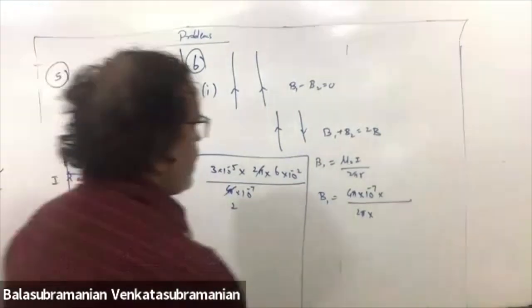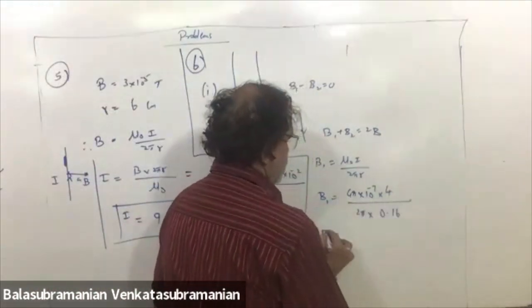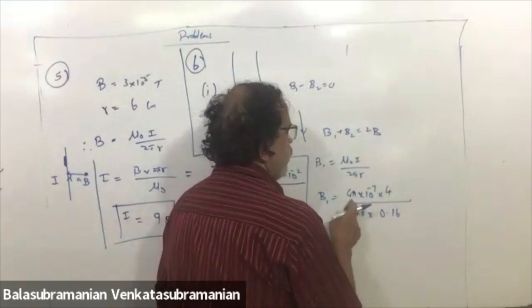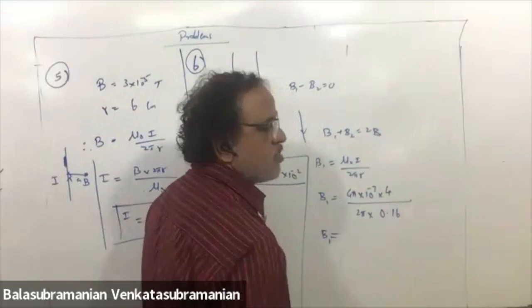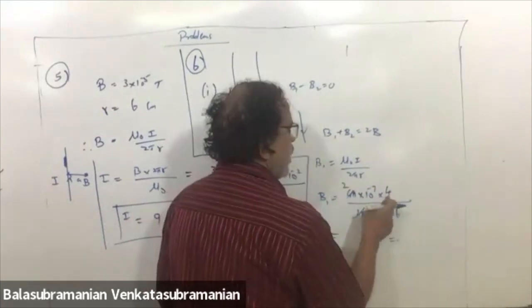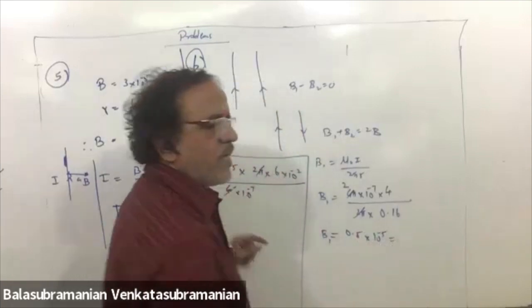Current is 4 ampere. 16 centimeter is 0.16. 2 pi and 4 pi, 2 times. This is 16 into 10 power minus 2. Correct. 2 into 4, 8 by 16. That is 0.5 into 10 power minus 5 Tesla.